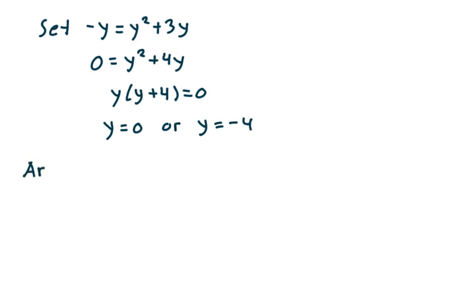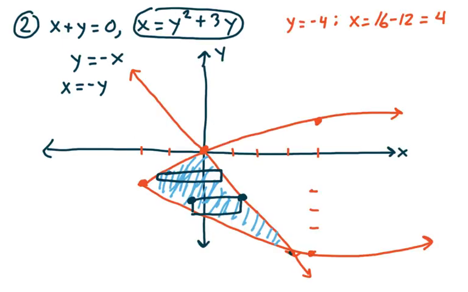So the area, so this is an integral with respect to y. So I'm going to go from negative 4 up to 0, right? So I'm going to go from negative 4, so this is negative 4 up to 0. And I'm going to take the right function, which is negative y.